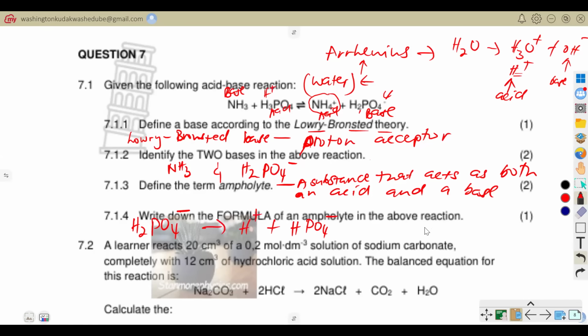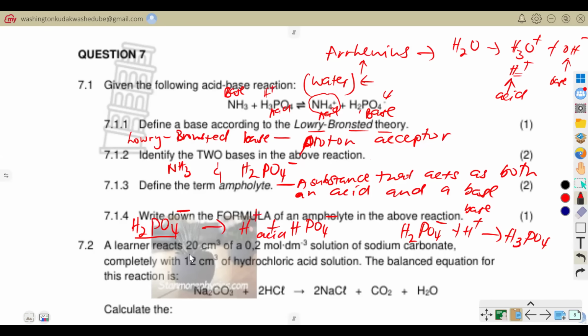Or else at some point it can receive an H plus, and then it will go back to become phosphoric acid. So here it was a base, and then here it was an acid. So you were just supposed to mention this one. This is the formula of an ampholyte above here.